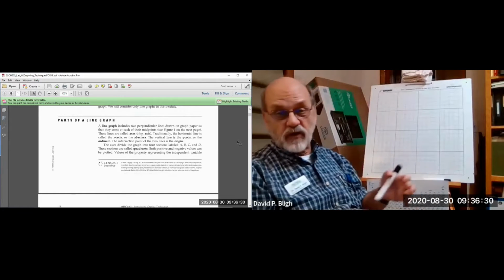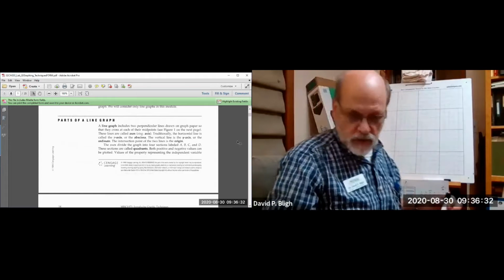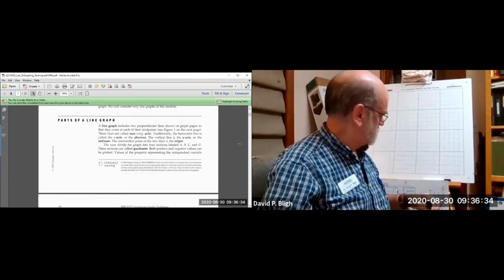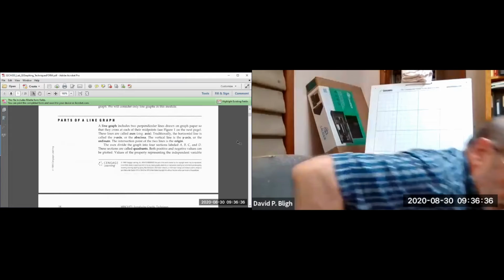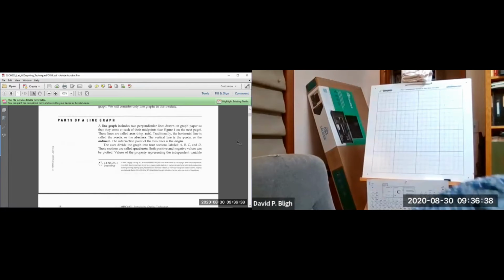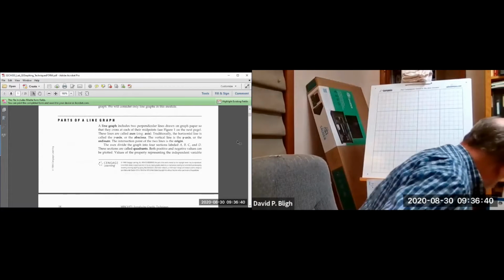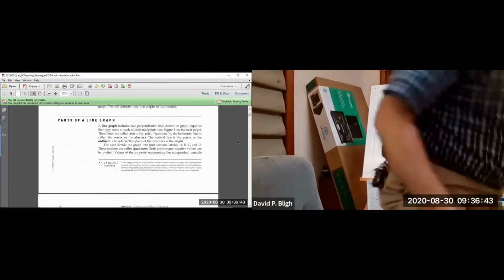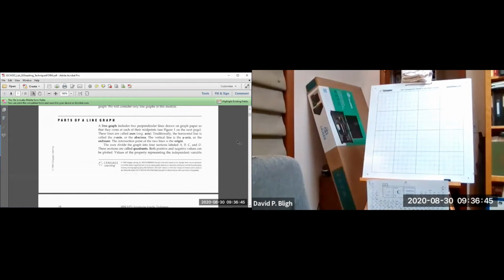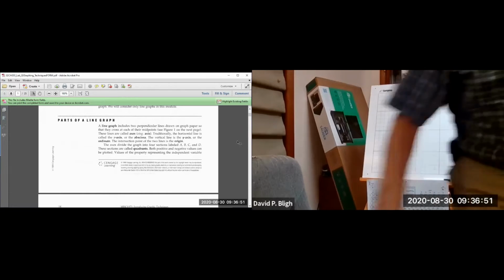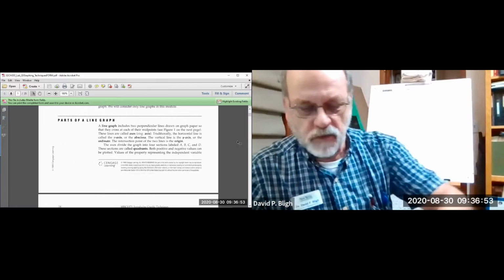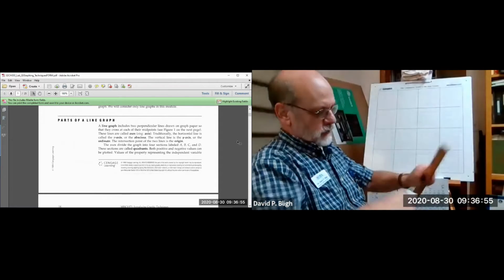Sometimes we're called a line graph. So I need something a little larger than a ruler, but not too big. Pardon my absence. Well, we may be stuck with a ruler. Let's just make do.